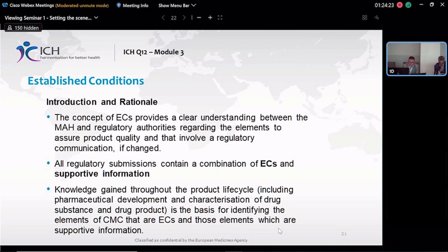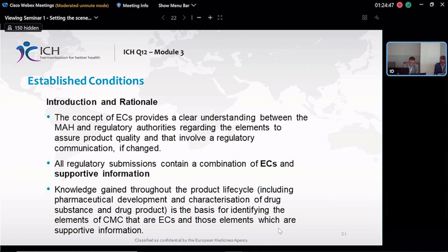It shows the accuracy, precision, linearity range of their analytical method. That's supportive information. That doesn't change and it doesn't trigger a variation. So in that example, the established conditions are the limits of the test and the particularities, the technology and the particularities of the analytical procedure.